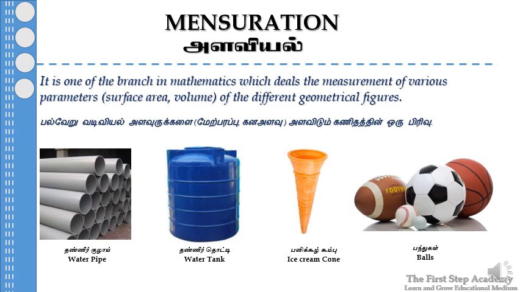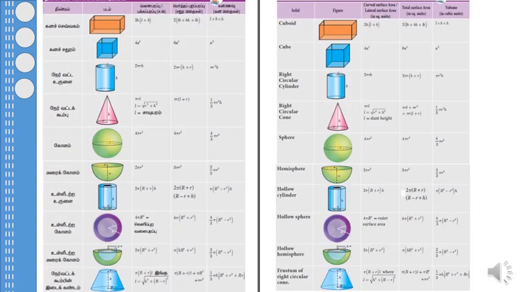So now we are going to see a model problem, through which we are going to explain how to approach a problem to find the solution. To find a solution for the given problem, we should be familiar with the formulas of the different geometrical figures.